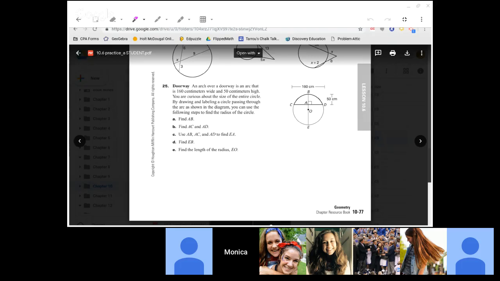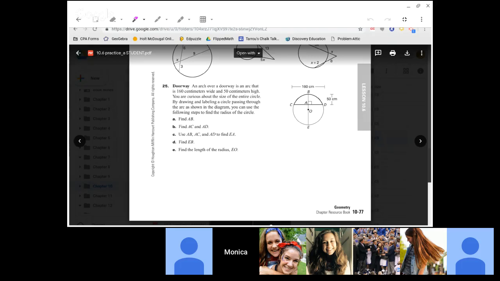Okay. So then for C, it tells you to use AB, AC, and AD to find the length of EA. When you look at this circle, you have two chords, right?